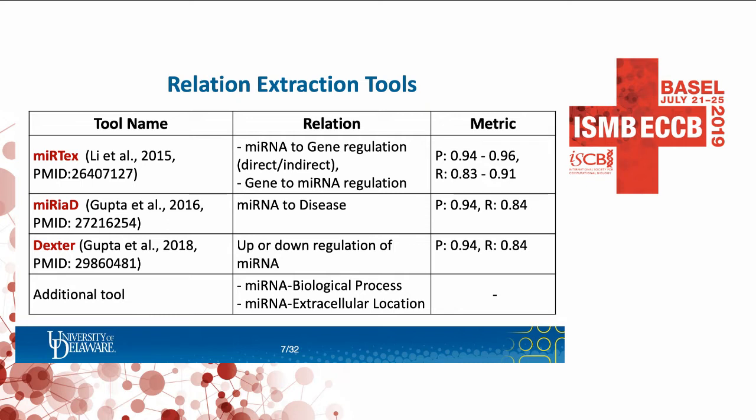Myriad was used to extract the relationship between microRNAs and diseases. Dexter identifies the microRNAs that are upregulated or downregulated in the context of a disease. And we built 2 additional tools that can extract the relation between microRNAs and their involvement in biological processes, and microRNAs and whether they're found in extracellular locations.